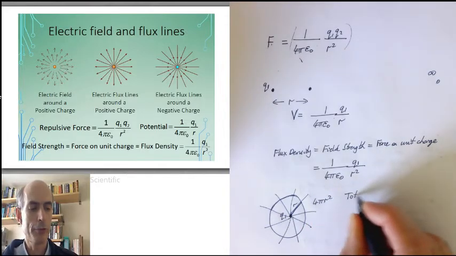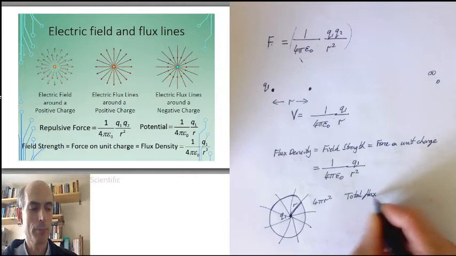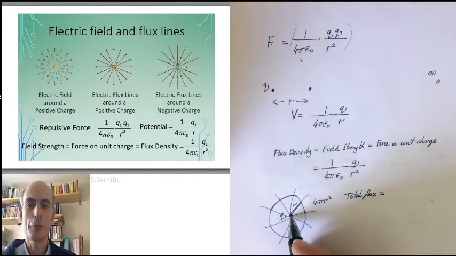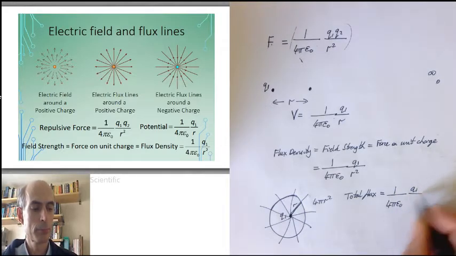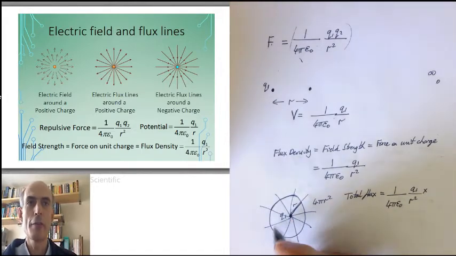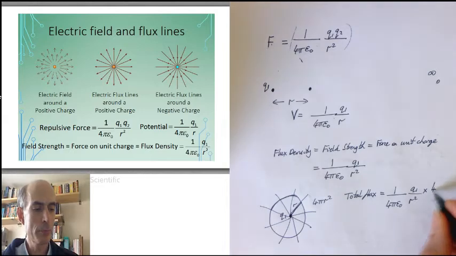So the total flux emerging from a charge of Q1 is just the flux density multiplied by the total surface area that the flux is emerging out of, 4 pi r squared.